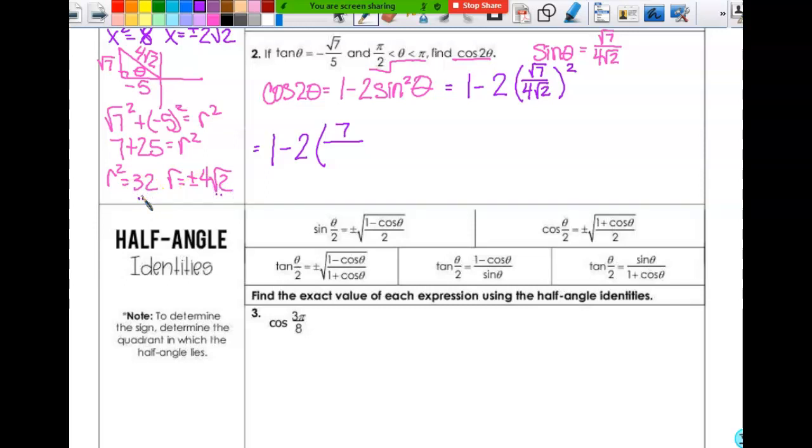Even though you're capable of it, you ever make a stupid mistake on something easy? Yes, we're all capable of that. So that's just 32 there. But of course, if you can't read your own work, then good luck finding it, but there you go. So this is then going to be 1 minus 7 over 16, which is going to be 9 over 16. Can I reduce that fraction anymore?